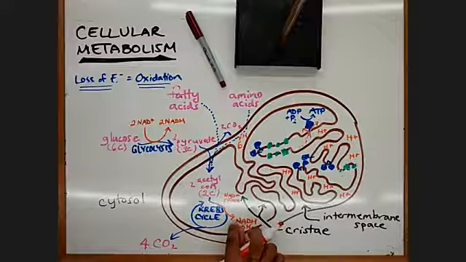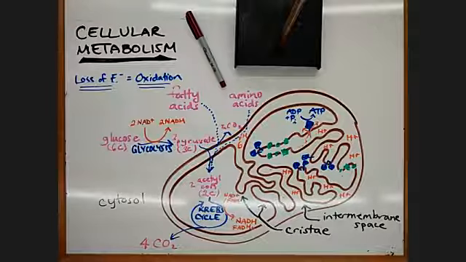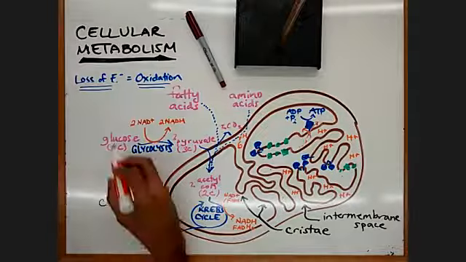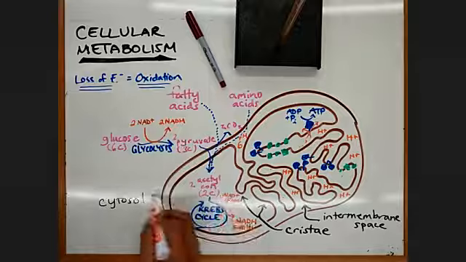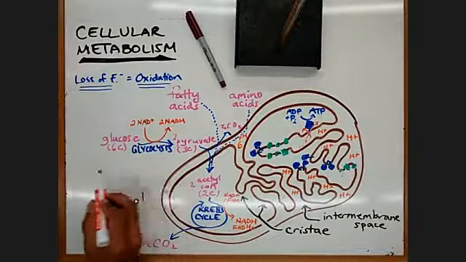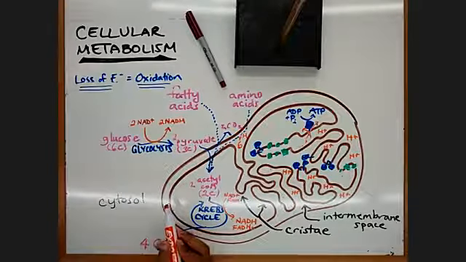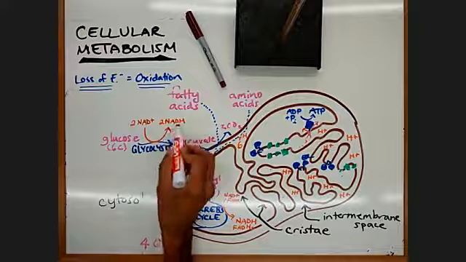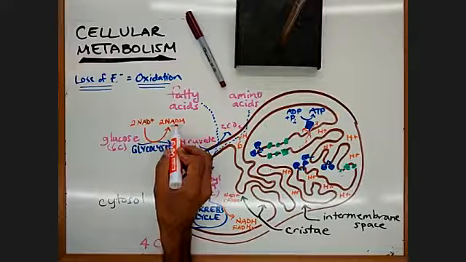Just understand that there are multiple electron carriers here. So once again, we're breaking down all of these fuels. As we do that oxidation, we steal the electrons, give them to a carrier. This is just our transfer device.